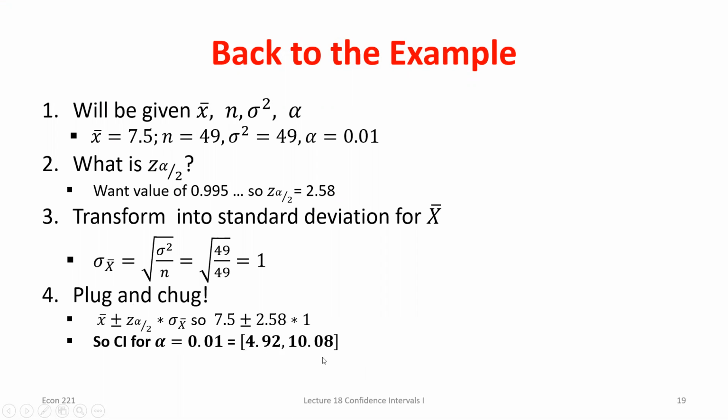Which seems like a pretty wide range, right? I mean, it includes the desired weight, whatever I think I said it was, that the NHL wanted it to be 9. Well, it includes that value. That could be the true population mean. But the true population mean could also be 5.2, right? There's a pretty wide range of values.